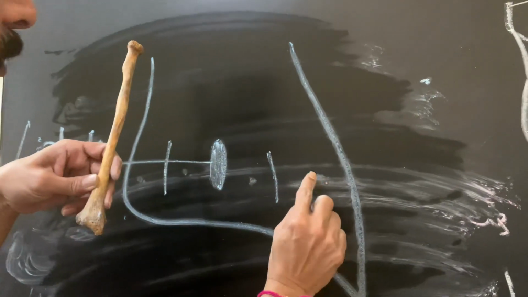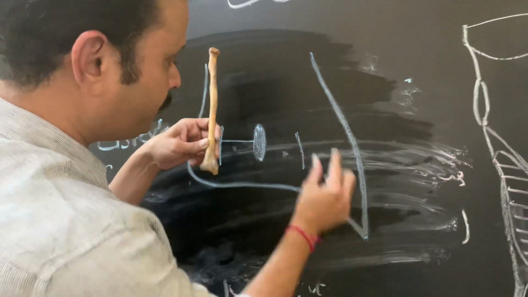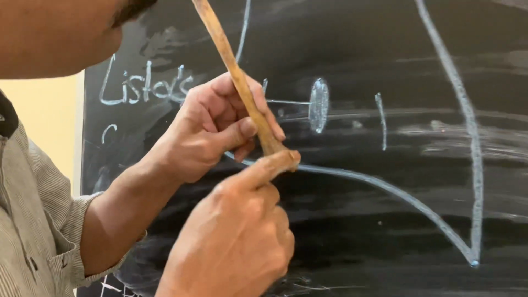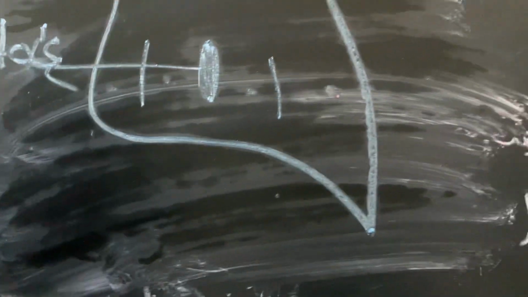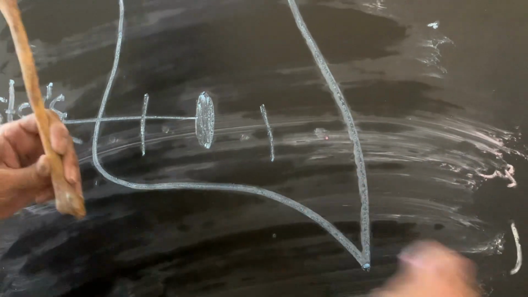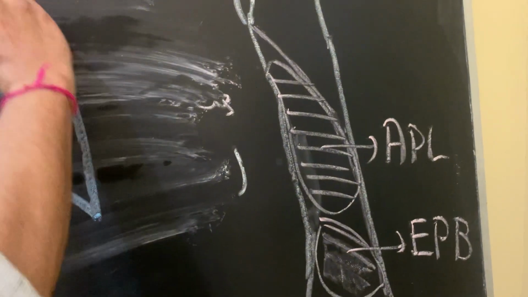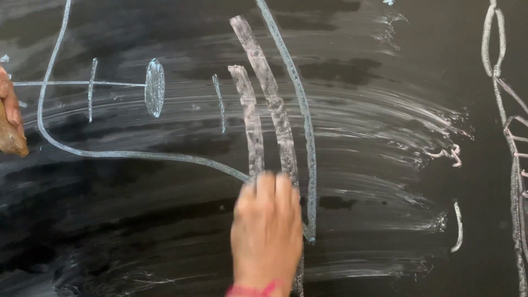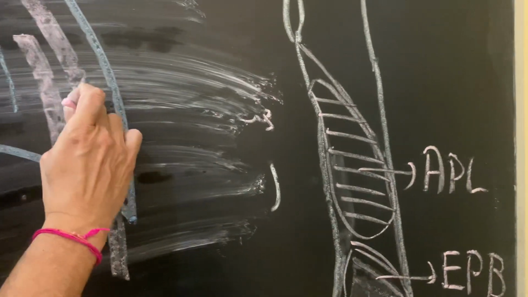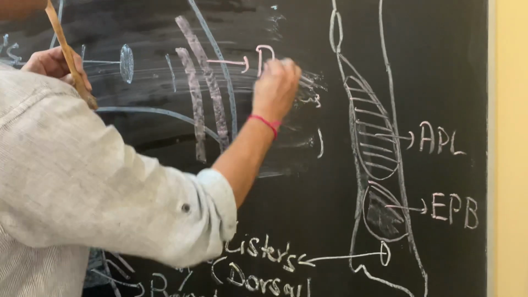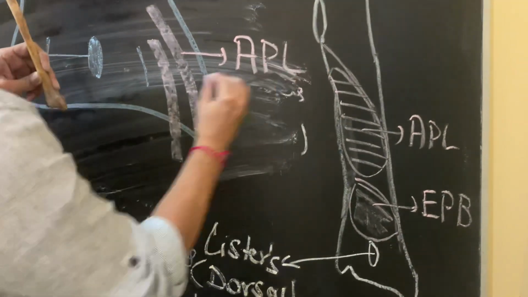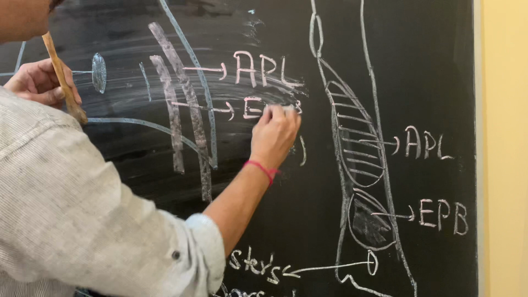Now from the lateralmost aspect, which coincides with the lateral aspect of the styloid process, the related muscles are abductor pollicis longus and extensor pollicis brevis.